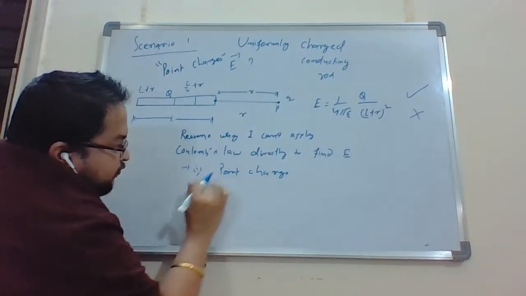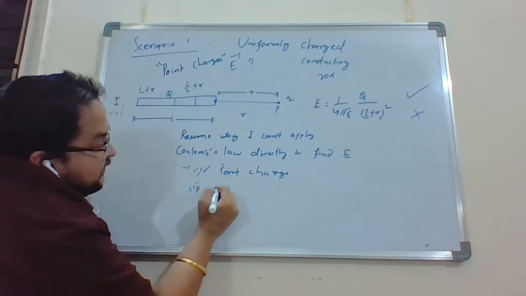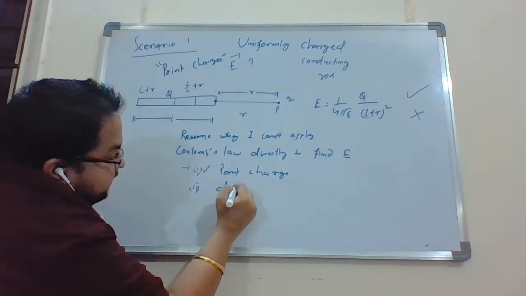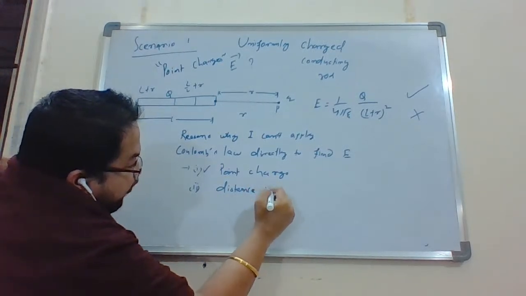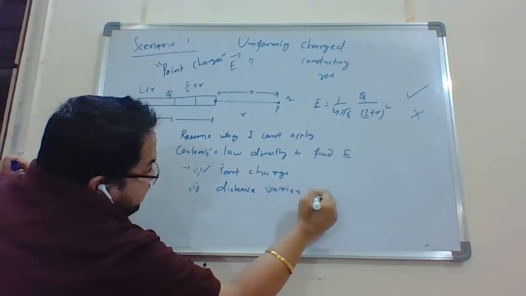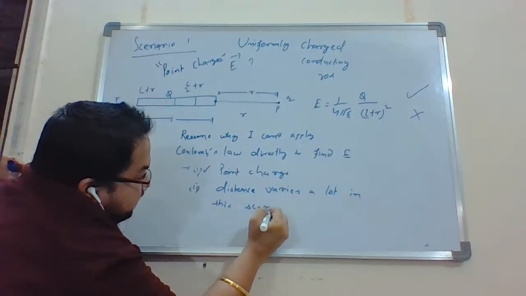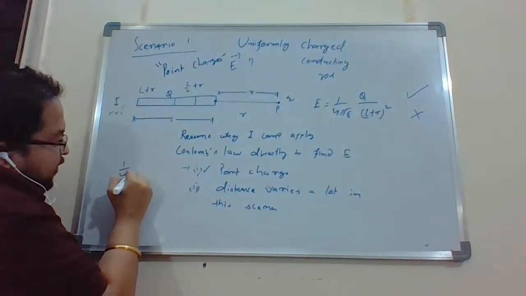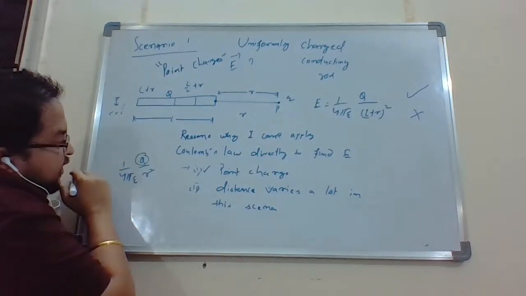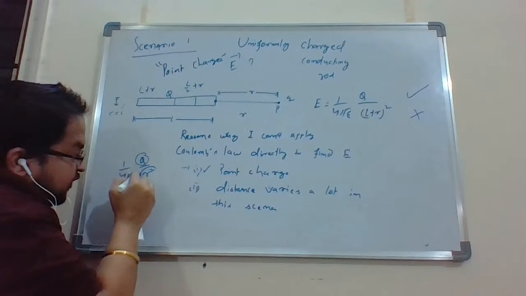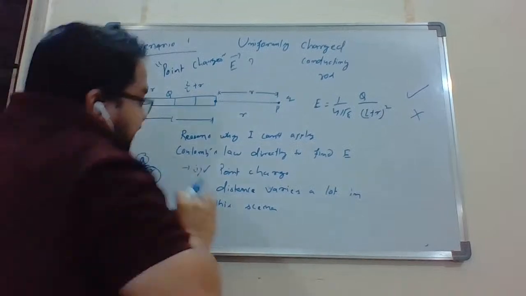And obviously the reason for that is distance varies a lot in this scenario. Because obviously 1 by 4 pi epsilon naught is constant, q by r square. The charge we have taken as a constant, the total. But as this distance is hugely varying, that is why I cannot apply Coulomb's law.